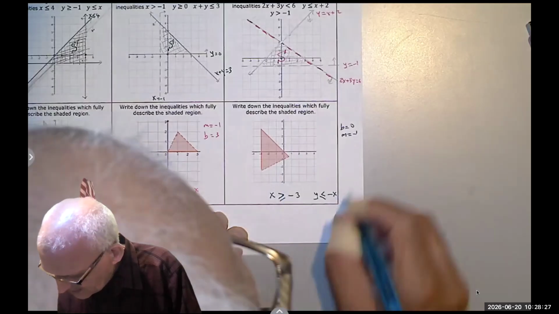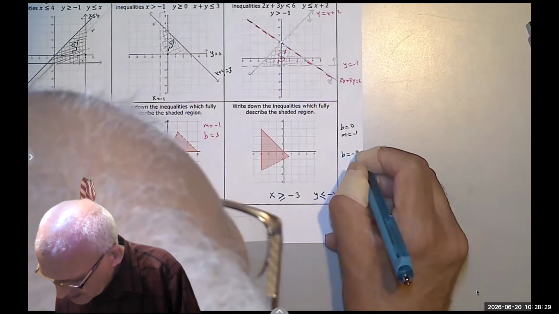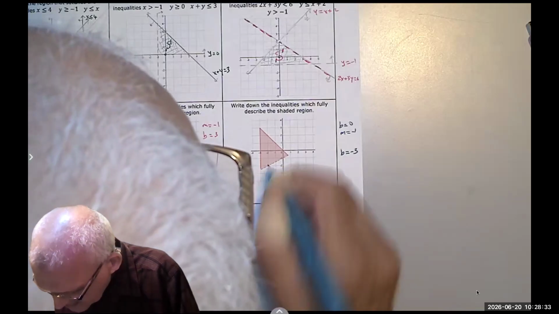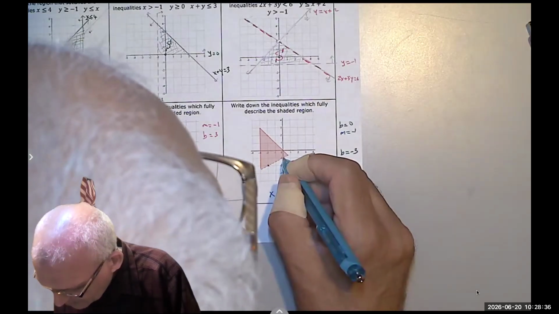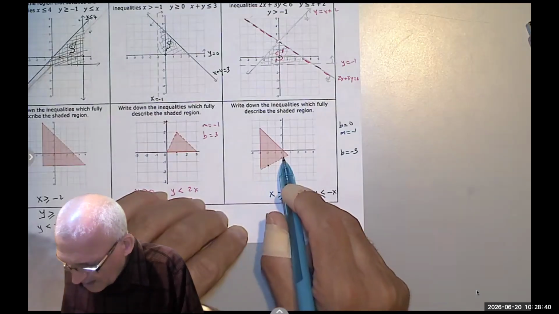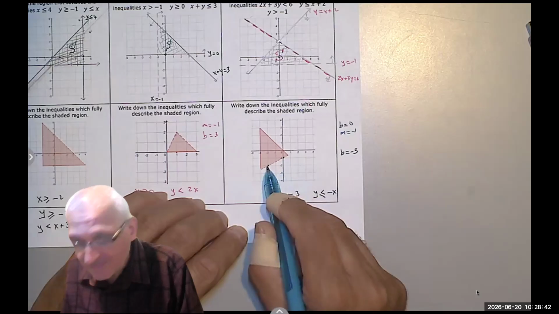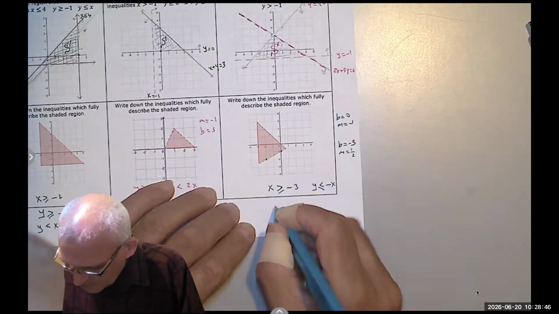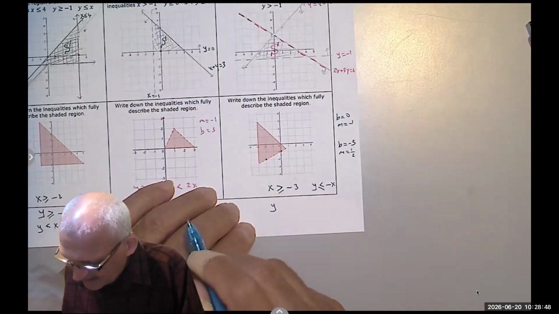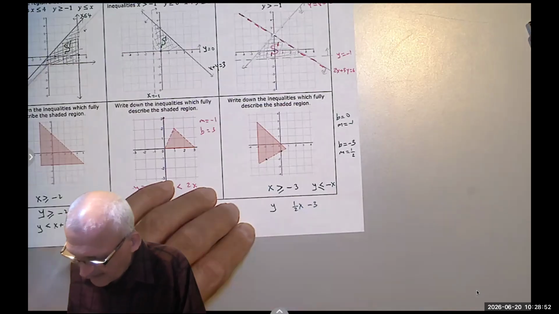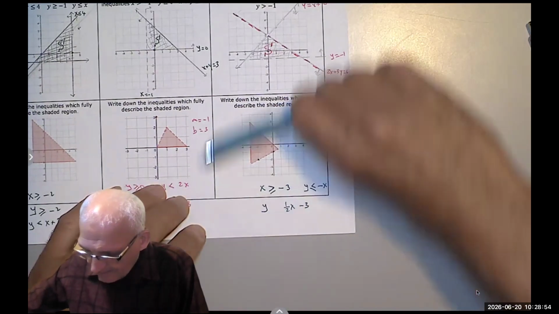b is -3. And the slope is what? I have a point here that I can see and a point there where it crosses. I move 2 to the right, 1 up, so the slope is 1/2. So y on the left-hand side, 1/2 x minus 3 on the right-hand side, and y is above that.